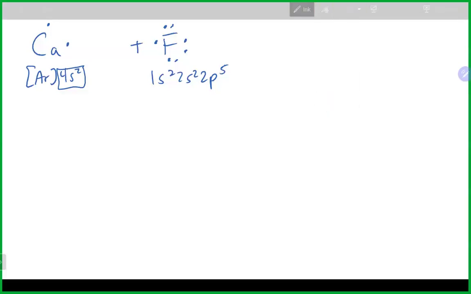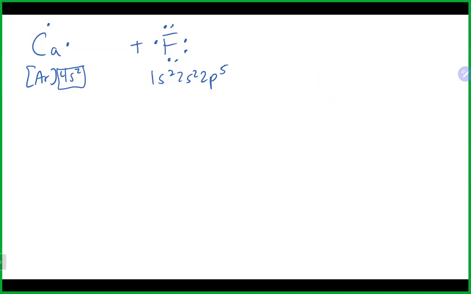So we're going to get a transfer of electrons from the calcium to the fluorine. So here we're going to send our electron over to the fluorine. At this point, can that fluorine take any more electrons? It cannot. It is actually full. Is calcium going to be happy just giving away one electron? It's not, for what I just said a second ago.